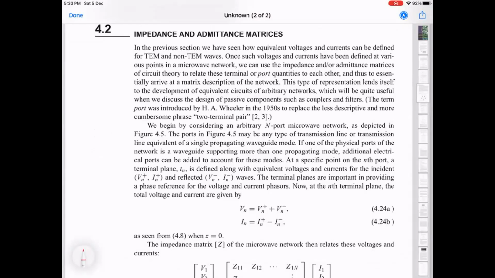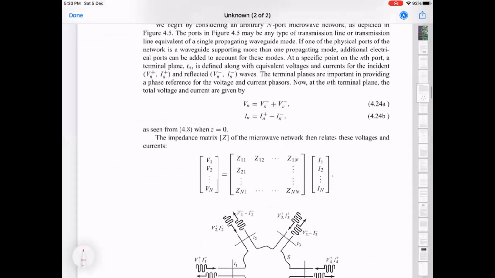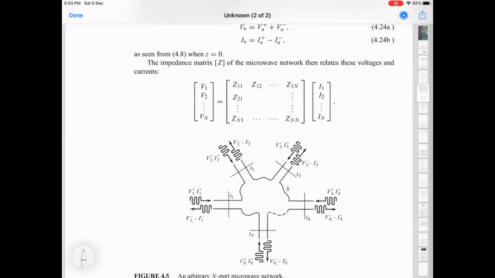So I'm hoping you have read this. The generic idea, which I had said in words earlier, is written here. You could have some arbitrary multi-port object. This section also makes it more general: if you don't have TEM modes, then you can define a port for each of the modes separately, but let's not go into that.